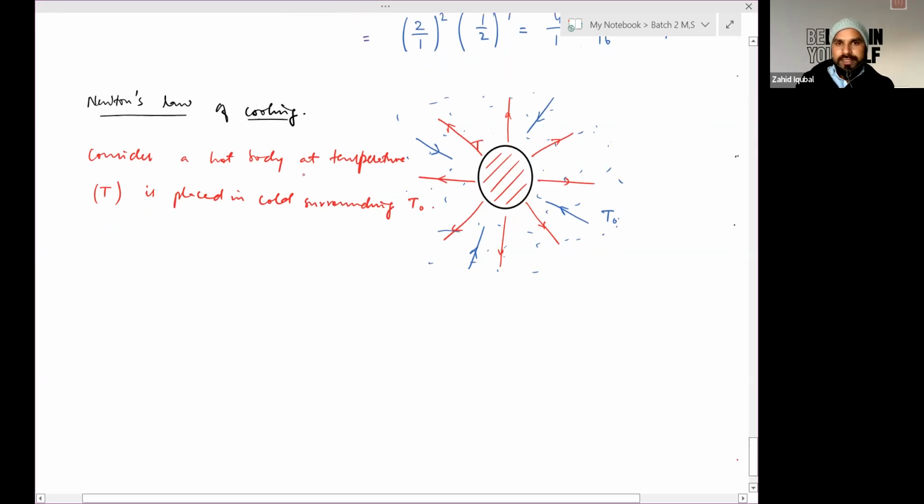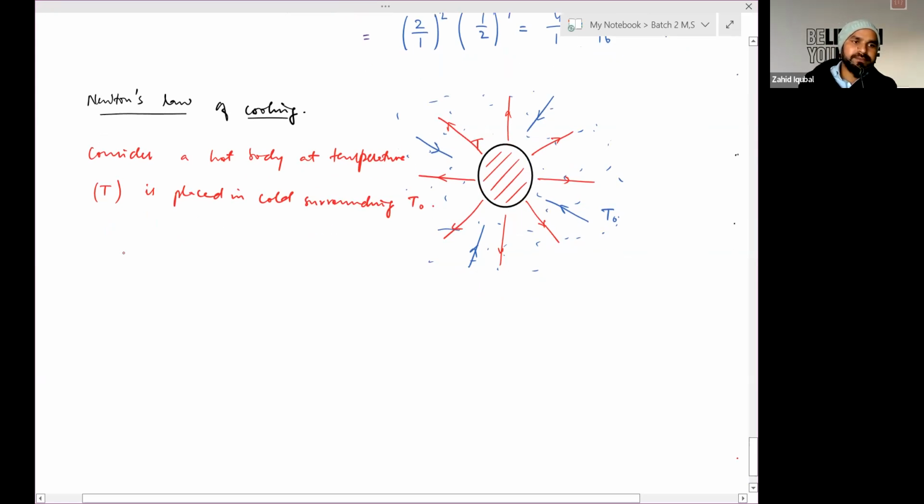So there will be two different directions of flow of radiation. One is from the hot body: the intensity of radiation due to this body will be epsilon sigma T to the power 4, in the outward direction.